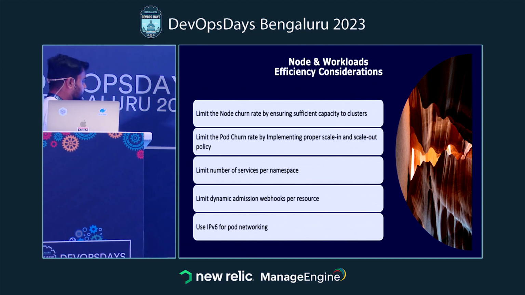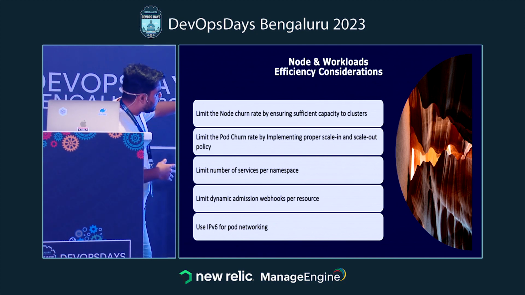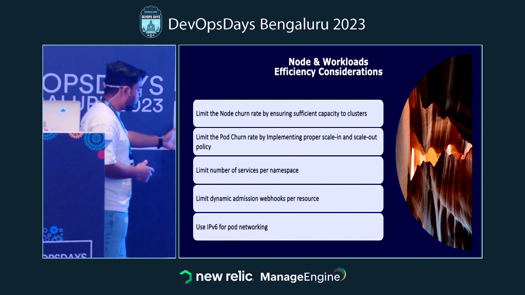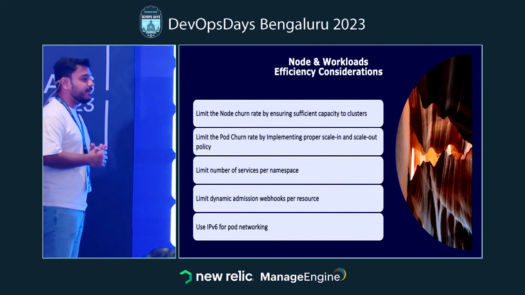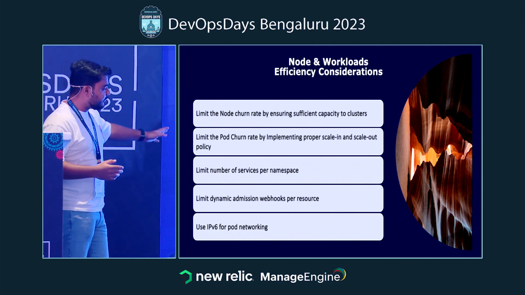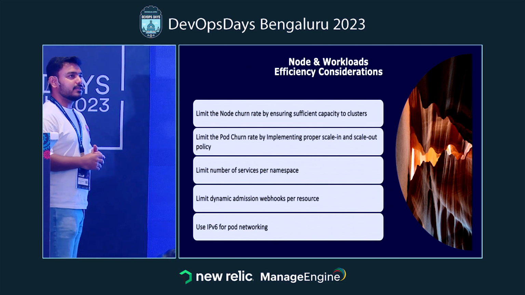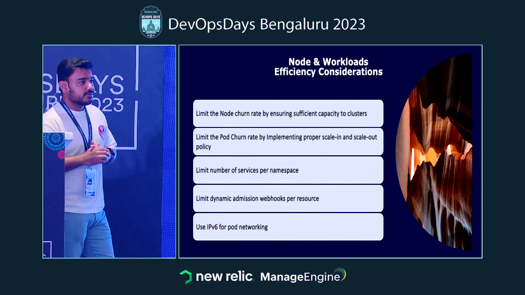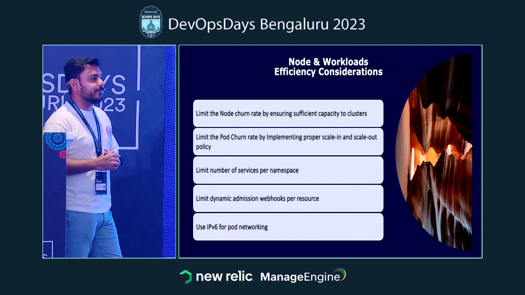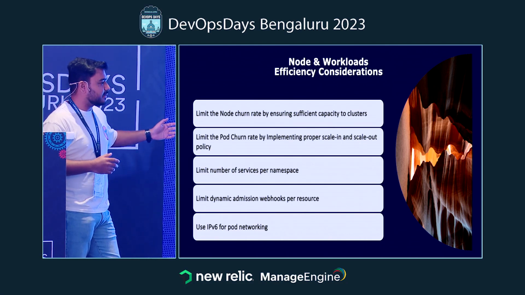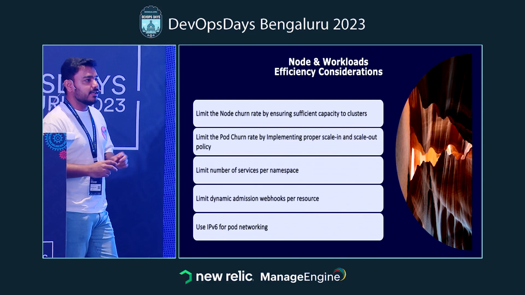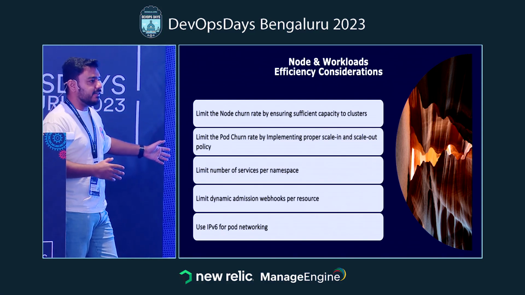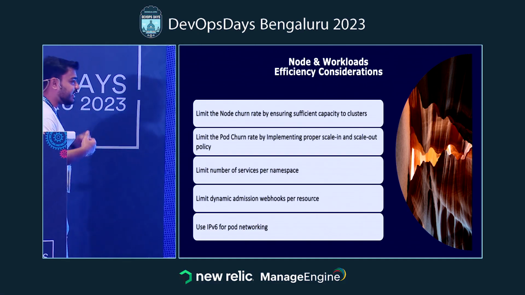Apart from that, we have given some limitation on the services per namespace. We have also modified our dynamic admission webhook. If I give one example, in the admission webhook we had written some rule on the pod label. If you are running 30K pods and you write any such rule at the pod level, it can impact overall performance on the API server, because admission is directly related to the API server.